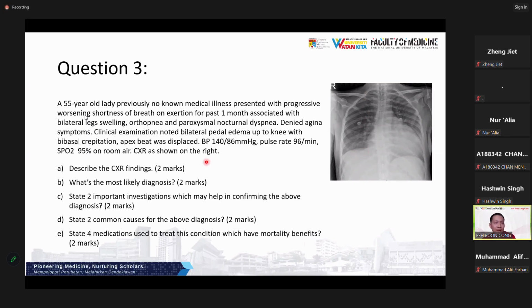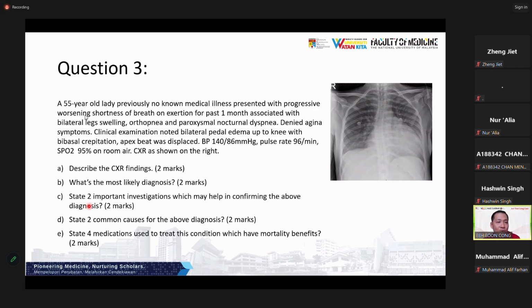So what is the most likely diagnosis based on the information given? Decompensated heart failure. You can write congestive heart failure, decompensated, or acute decompensated heart failure. Why? Because the patient has signs and symptoms of heart failure plus radiology signs of heart failure.